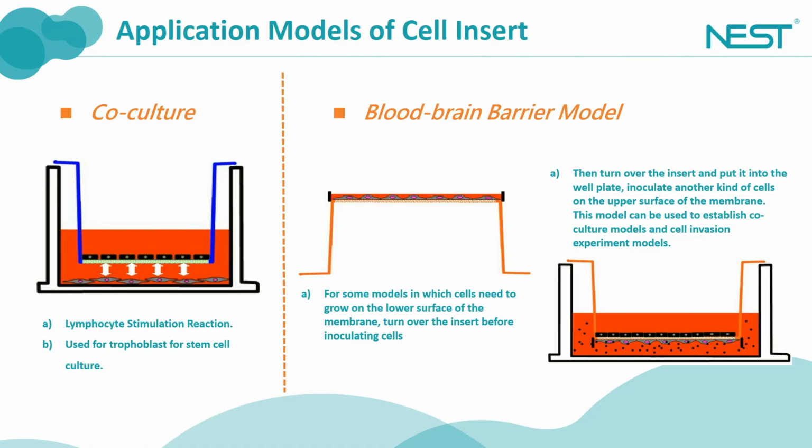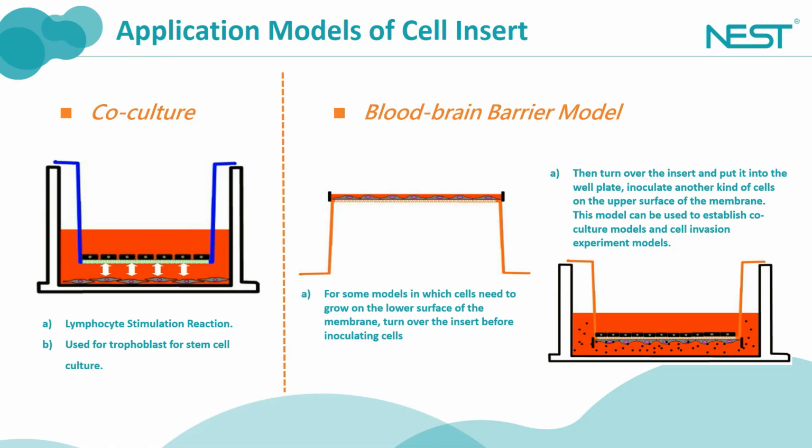Cell inserts can also be used for the construction of the blood-brain barrier. The so-called blood-brain barrier refers to a highly selective semi-permeable barrier which separates the circulating blood in the brain from the extracellular fluid in the central nervous system, CNS.